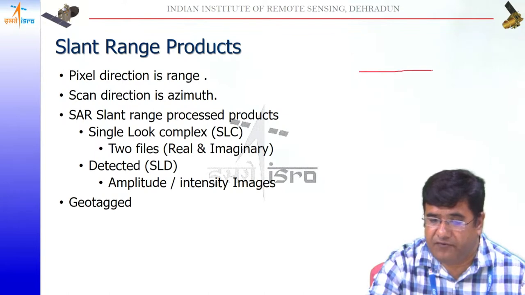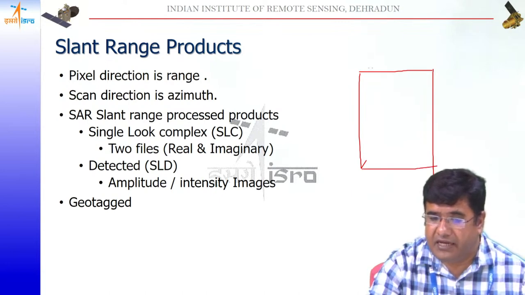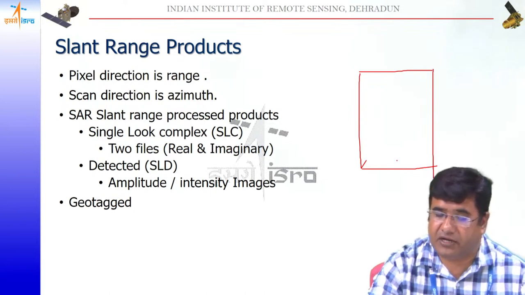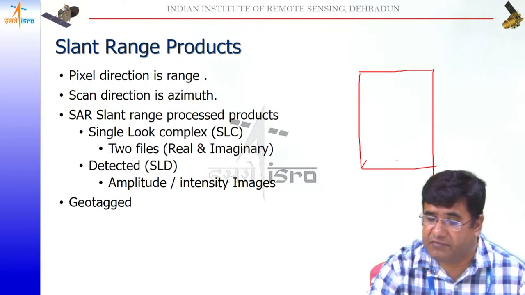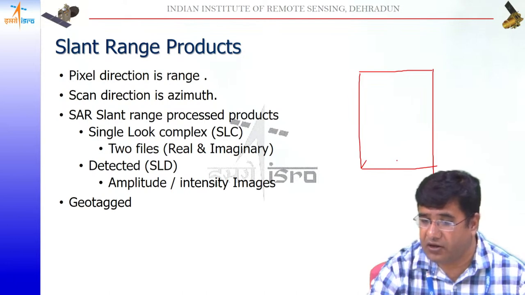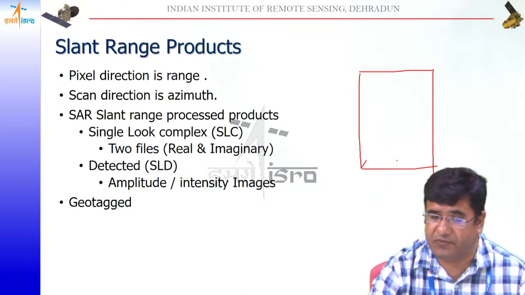If we have this type of image, in this direction we have the pixel direction, which is called the range direction, and this is called the azimuth. This slant range product is in the sensor geometry, not in the map geometry, so we cannot directly correlate this image with any other image, Google Earth or Bhuvan, because it is not rotated; it is in the sensor geometry.